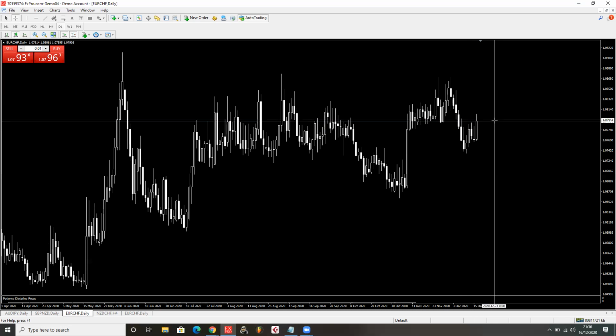So if you enter a buy now, it would buy from right here. That's what you call the broker spread. The spread is the difference between when you enter the price and where the trade will be executed.